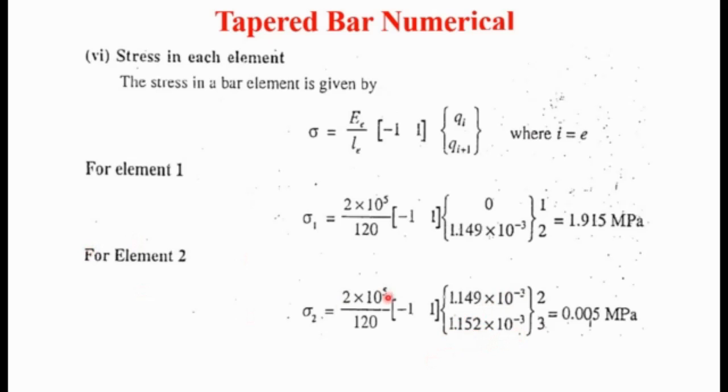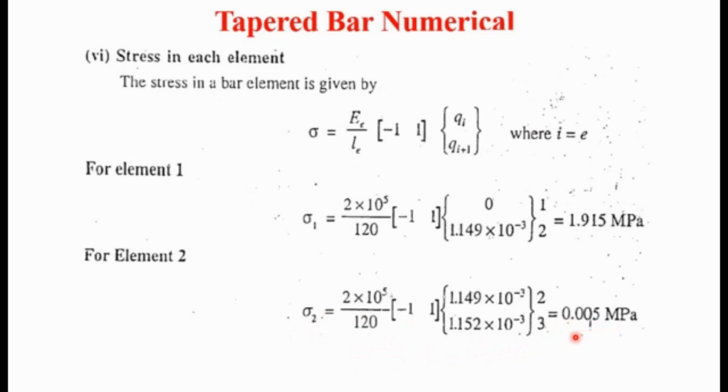By solving this equation we can calculate the stress sigma 2 in the second element. So sigma 2 is equal to 0.005 megapascal.